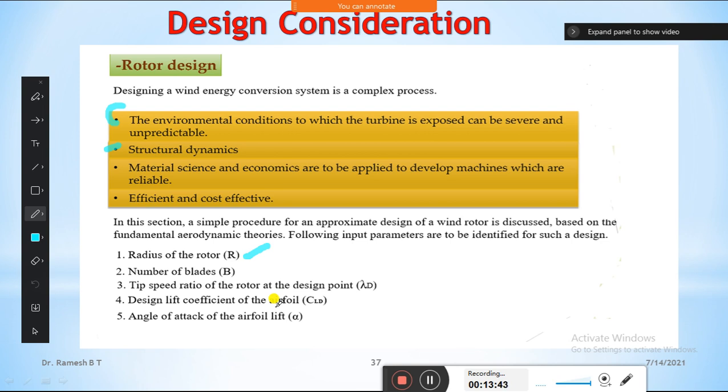Different turbines have different solidity. Some turbines with more blades, like the American farm windmills, have nearly 0.7. For the high speed lift profiles, on the other hand, the solidity is usually much lower, 0.1 to 0.001. So these are some considerations.